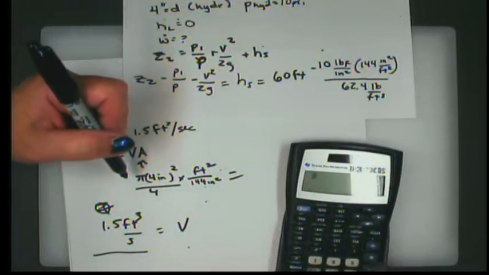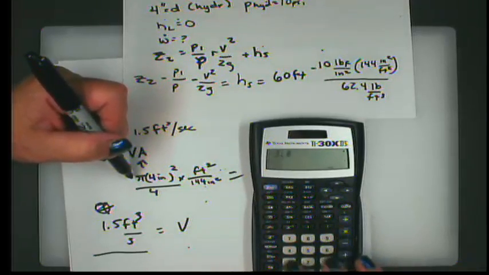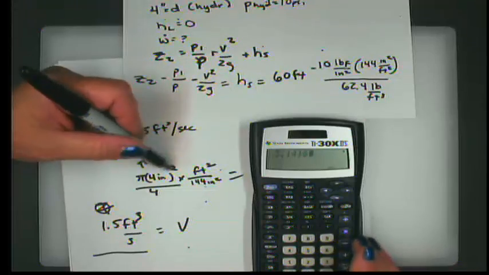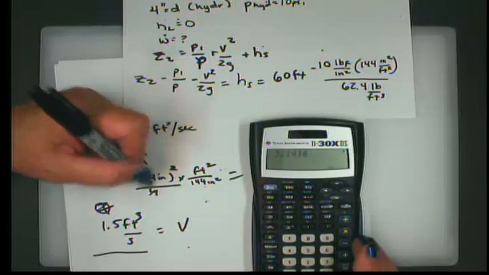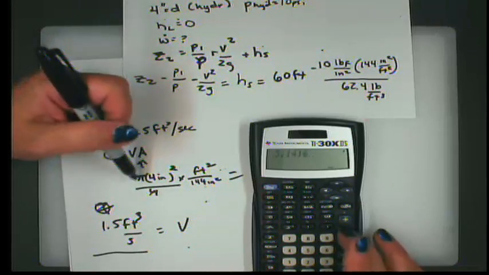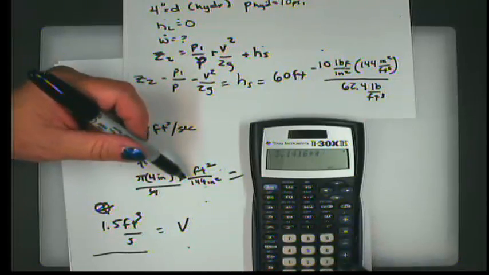All right, so we have pi, 3.1416 times 4 divided by 4. So one of these 4's will cancel one of these 4's, right? So I can just take 3.1416 and multiply it by 4.